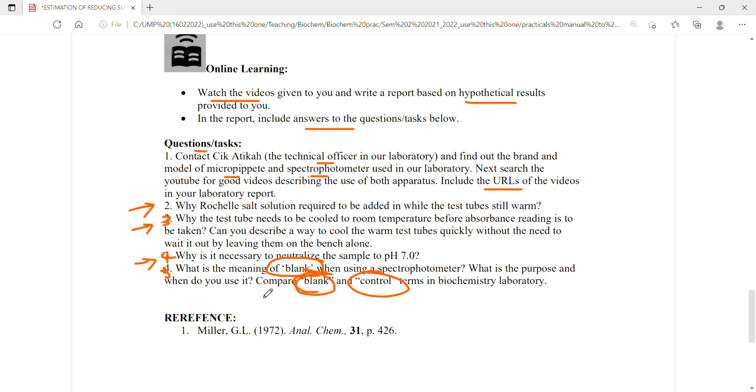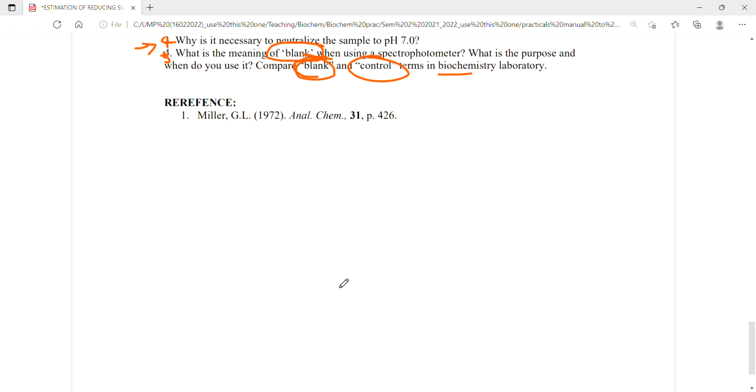What is the difference between blank and control in biochemistry? It's very important to know. I didn't talk about it here, but it has something to do with the use of the spectrophotometer.